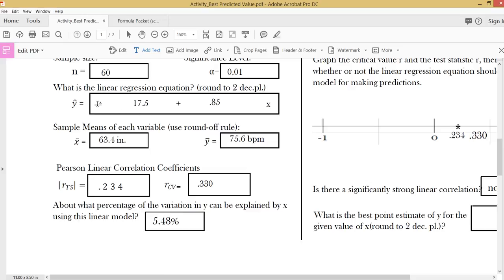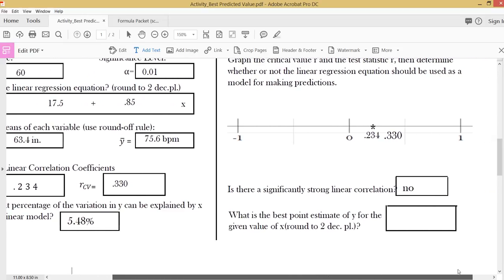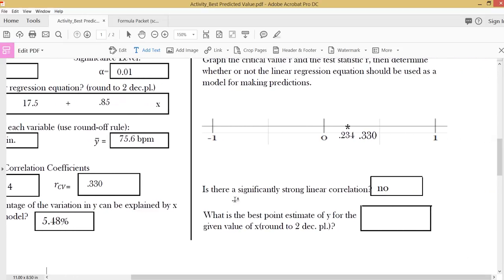So the output is her pulse rate, and we're basing it on an input of her height if we use this model. Now, if we use this model, we'll be able to explain about 5.48% of the changes in a woman's pulse rate based on her height. Not a real good measurement there. Not too great.